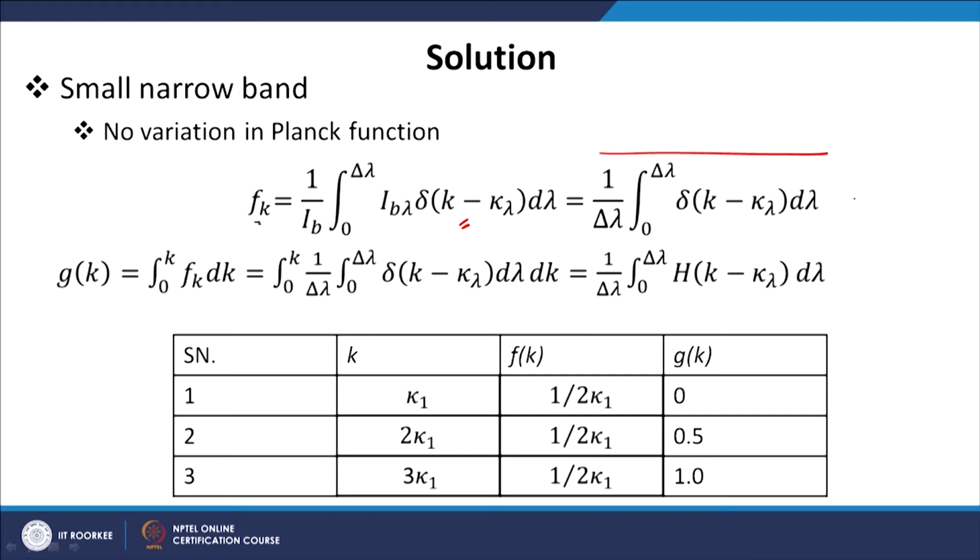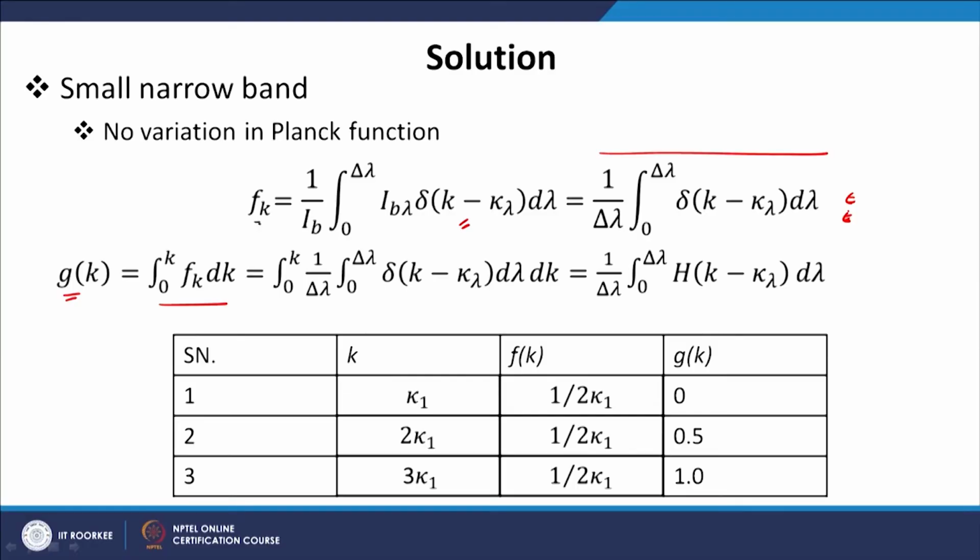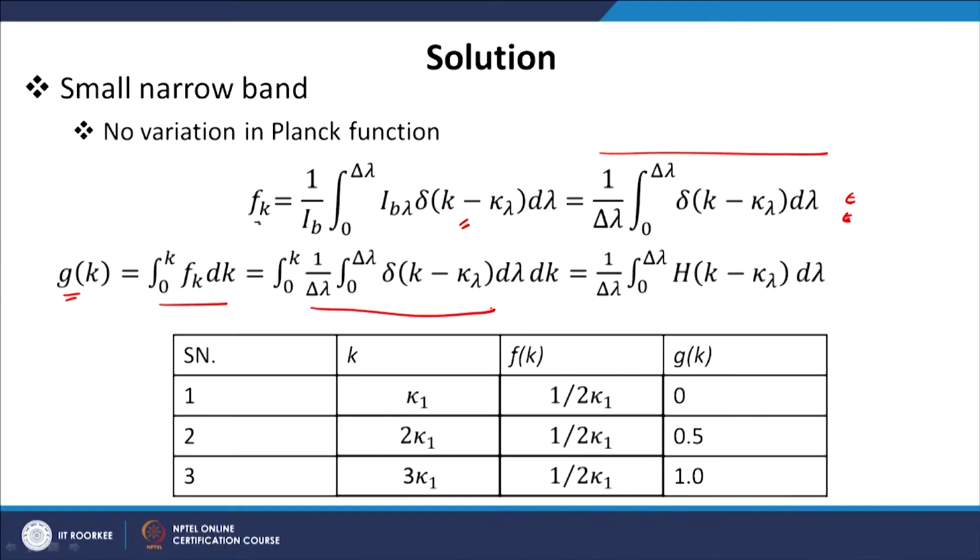Now, we are not interested in calculating Fk, although I will give you the values of Fk, but Fk is not easy to evaluate and the RTE is very difficult to solve in K space. As I said, it is erratic. We will find the cumulative function. The cumulative function is defined as the integral from 0 to k of Fk, so all the values of kappa less than or equal to k. So, we have to integrate the function F over 0 to k. We substitute the value of Fk here and change the integration: take the integral from 0 to k inside and the integral from 0 to delta lambda outside.